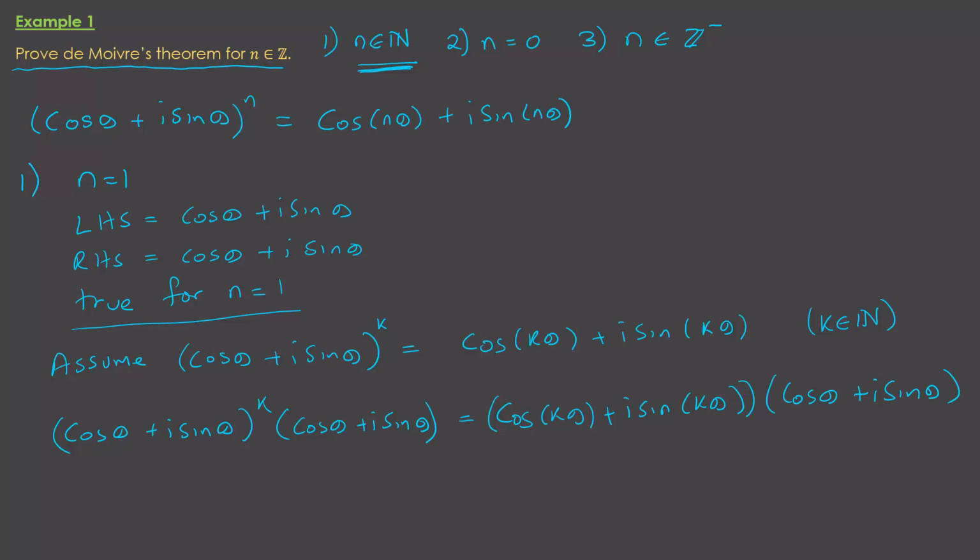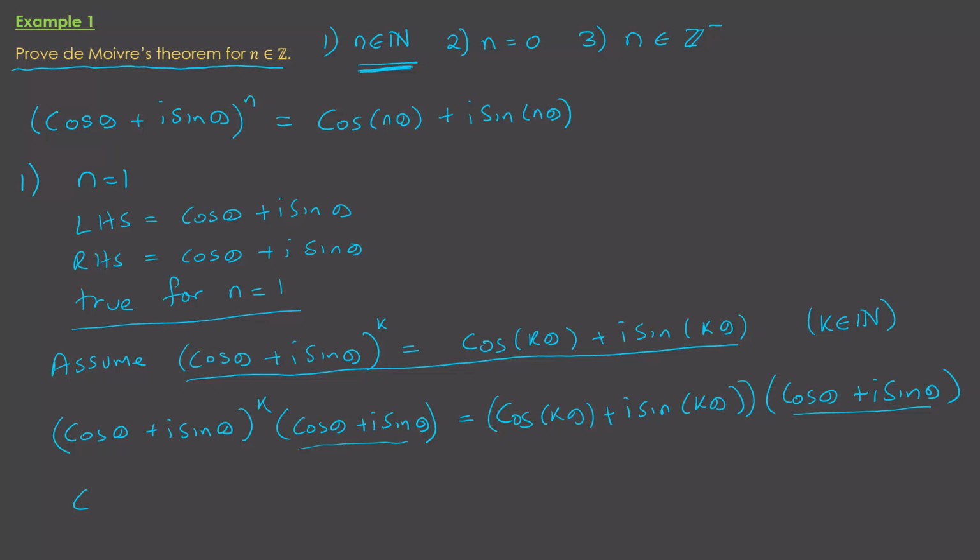The usual induction trick, of course, is that if this line is true, the next line must be true because all I've done is multiply by the same quantity, cos theta + i sin theta.